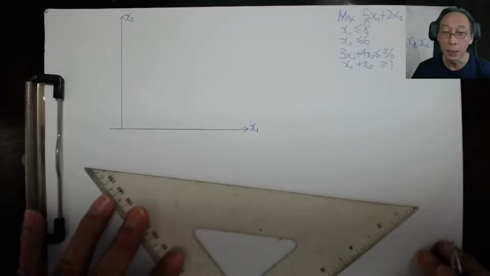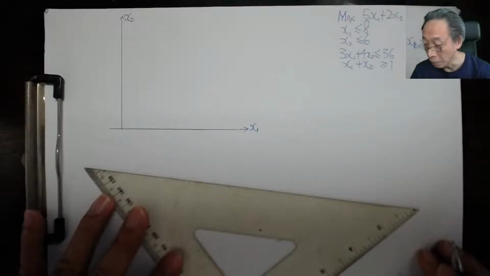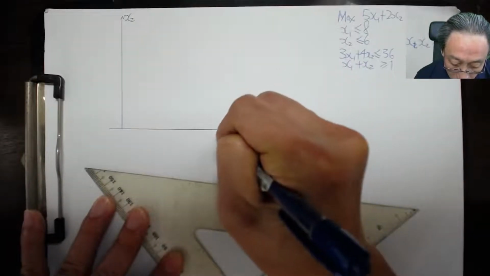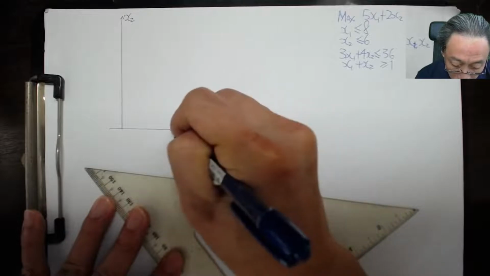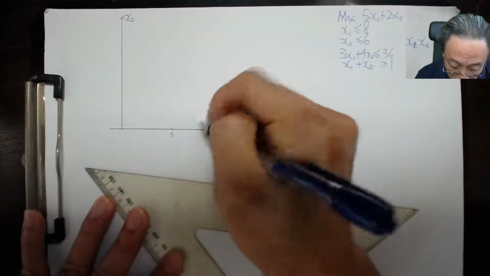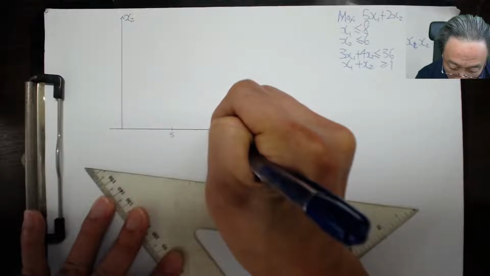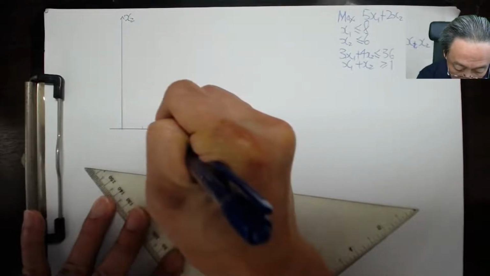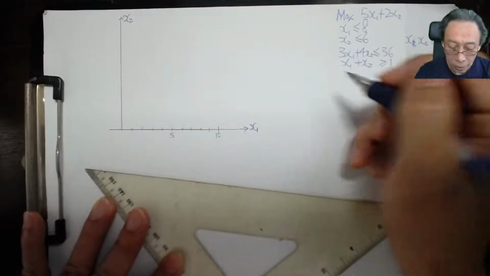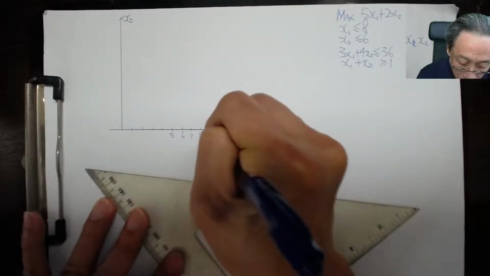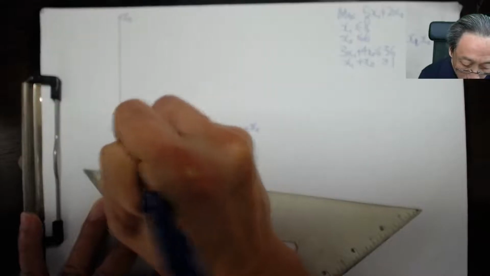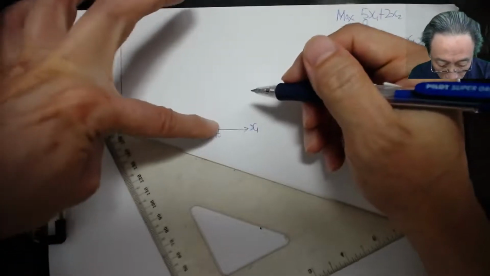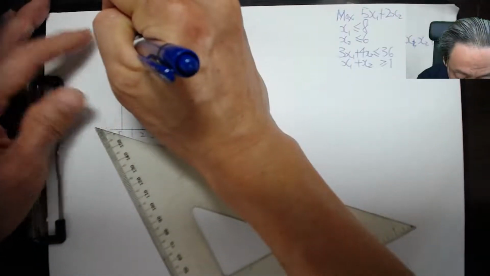Then we need to quickly come up with some coordinates. So let's just call it 10 here. Therefore, 5. All right, so we have 6, 7, 8, 9, 0, 1, 2, 3, 4. And I'm just going to do a rough sketch.